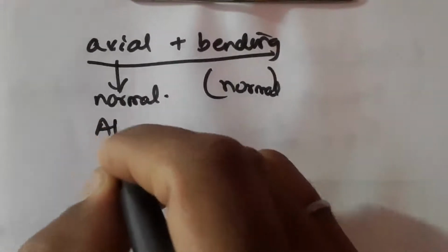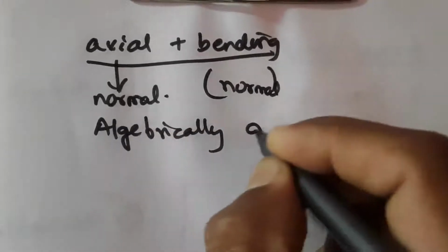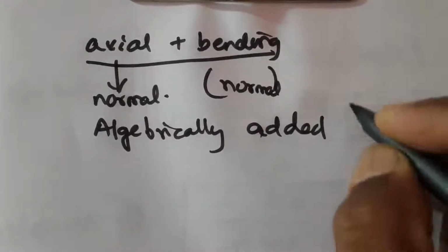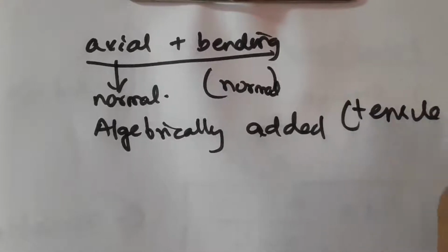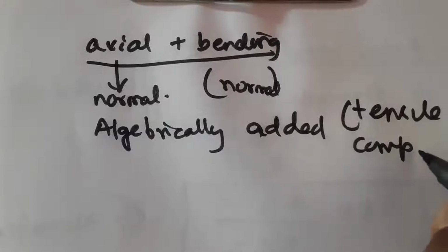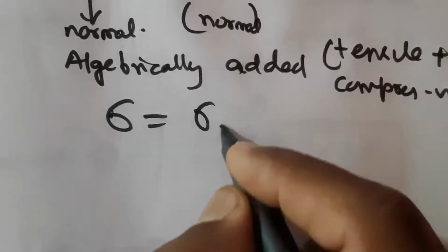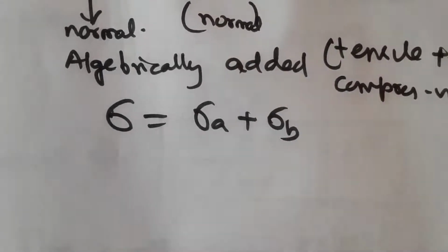And they are algebraically added. Tensile is positive, compressive negative. So the normal stress will be sigma axial plus sigma bending.